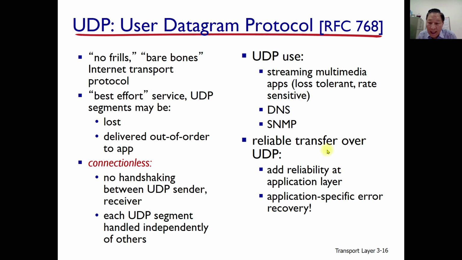This one may provide reliable data transfer. Actually, it is not providing it. It is providing unreliable transfer service, but we can provide reliable transfer if we want. If we want to provide reliable data transfer over UDP, then we should add this reliability at the application layer. And application specific error recovery, we should develop and implement. And also we need to debug.